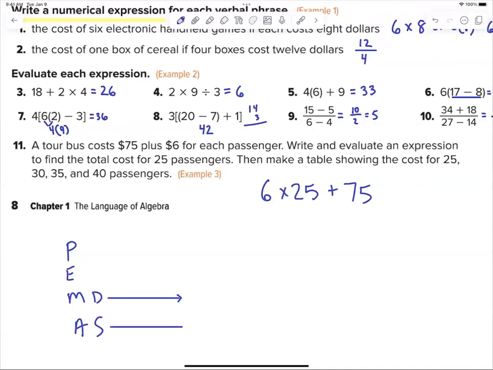How many quarters make $1? 4. So if I have 4 quarters, that's 100. 2 more quarters makes what? Yes. So 6 times 25 is 150 plus 75. Tell me. 225. You are amazing. That was good mental math right there.